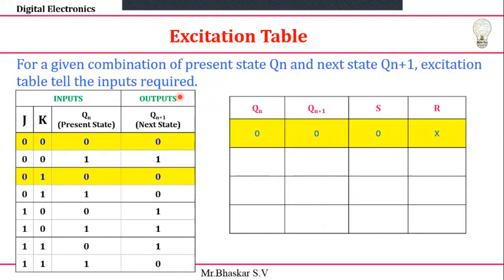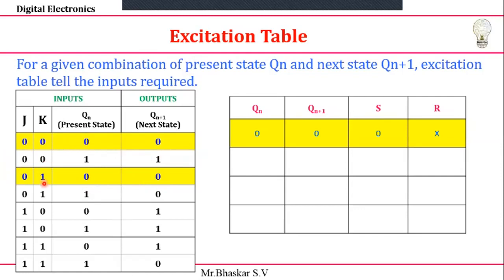In this case you can see that my Qn and Qn plus 1 are both 0, 0, and in this case also Qn and Qn plus 1 states are 0, 0. In these two cases you can observe my JK values. My J value by default is 0, but the K value is either 0 or 1.